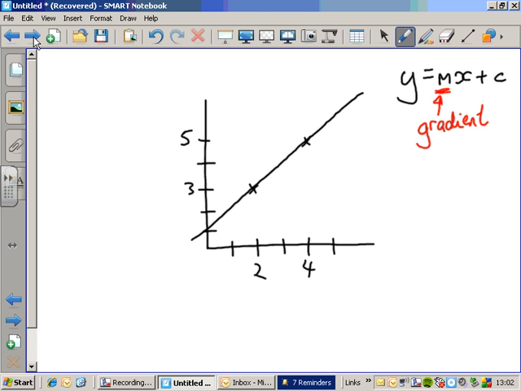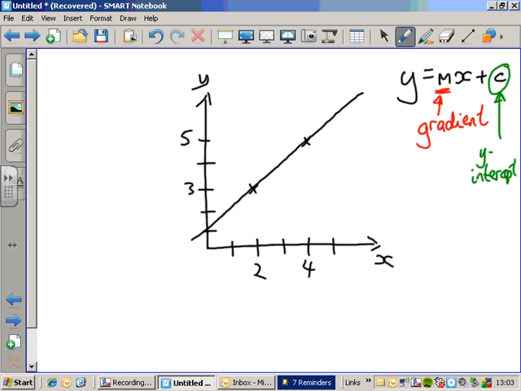And the second part, the number that comes after the multiple of x, is even easier, because we said it was what was represented by the y-intercept. Now that's particularly easy when you've already got the graph drawn for you, because the y-intercept is the point where your straight line intersects the y-axis, which is the vertical axis, isn't it?